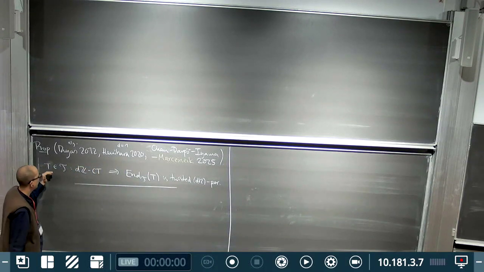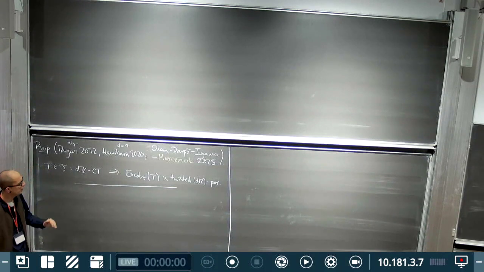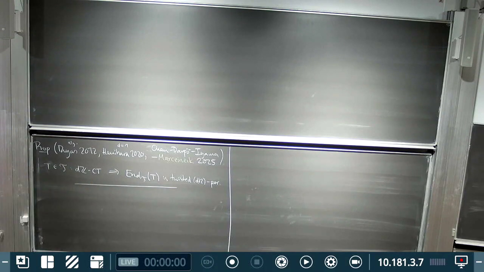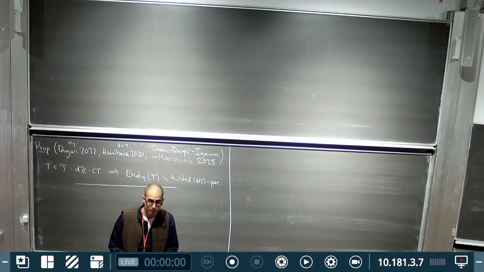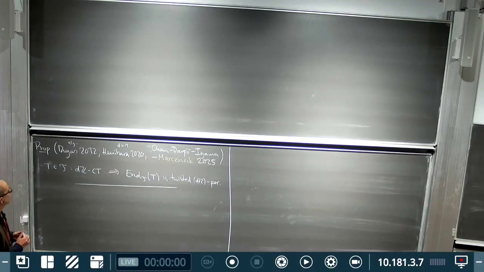It tells us that if I have such a generator T called d-Z cluster tilting, then its endomorphism algebra, that is a finite dimensional algebra by virtue of the Hom-finiteness assumption, is twisted d plus 2 periodic. So this is a brief summary of what we did, or parts of what we did last time.